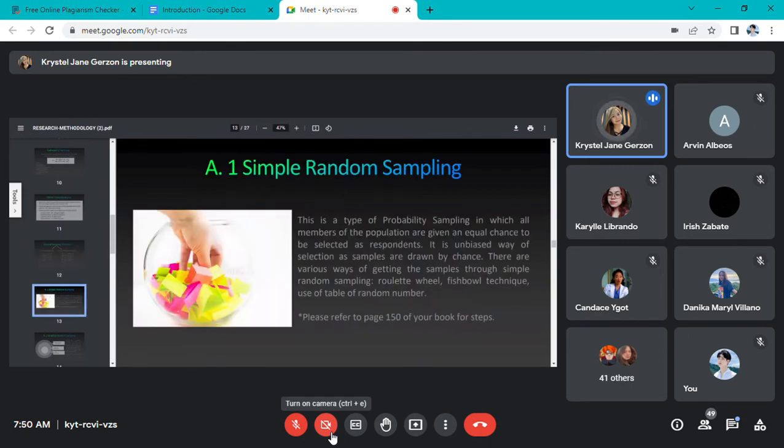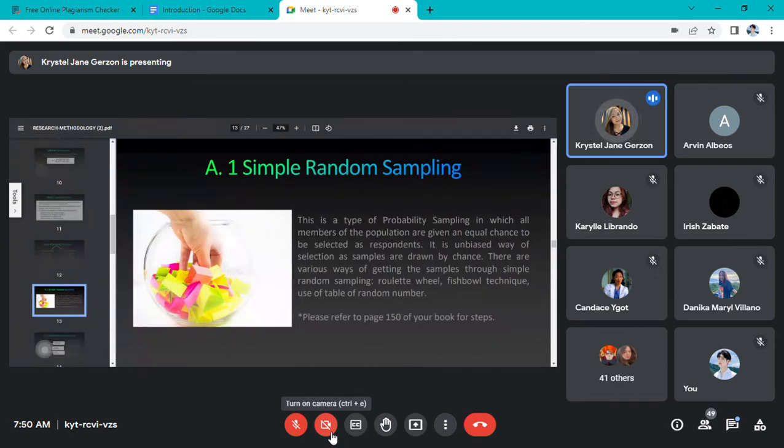Now, the first type under probability sampling is simple random sampling. For simple random sampling, these are techniques wherein the selection is unbiased.